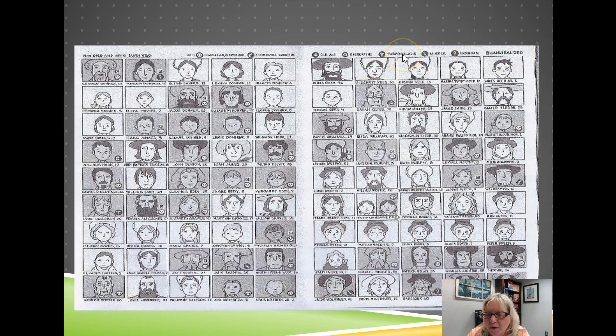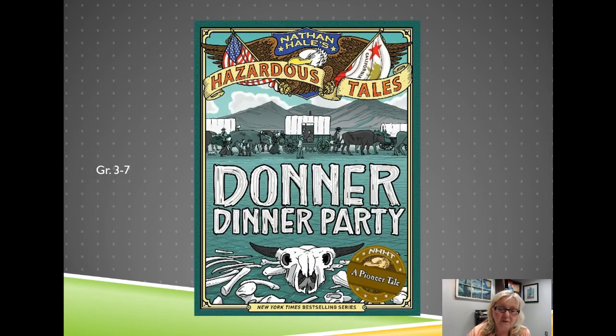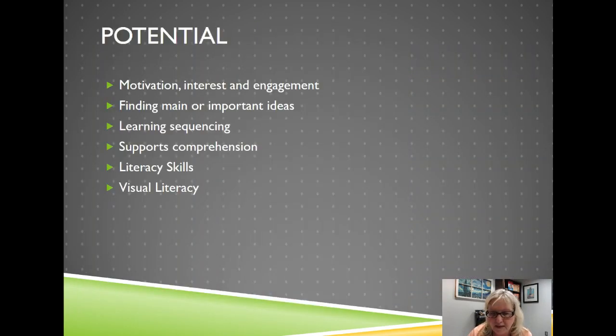Some died of tuberculosis, so you can get in this two-page spread an idea of what happened to everybody who started out in the Donner Party. Rather gruesome, but I can see a certain segment of grades 3 to 7 finding it fascinating.